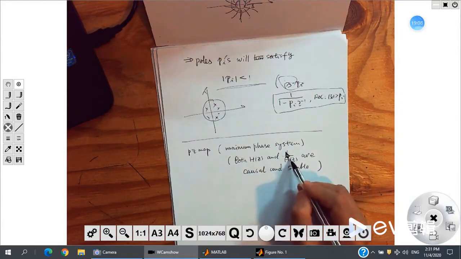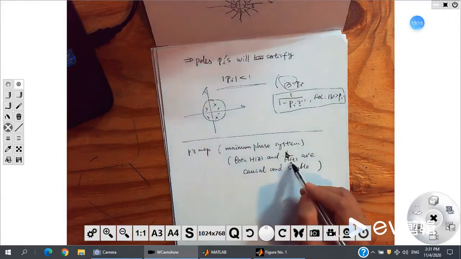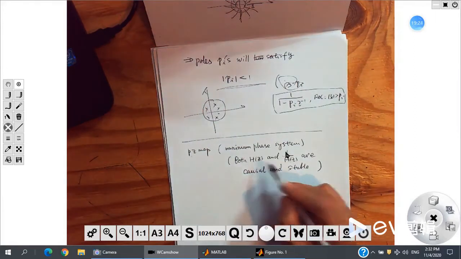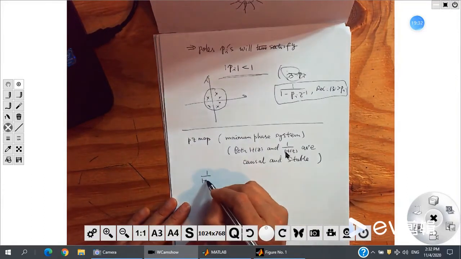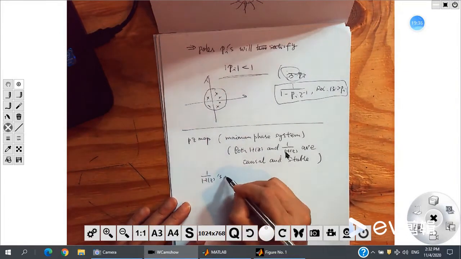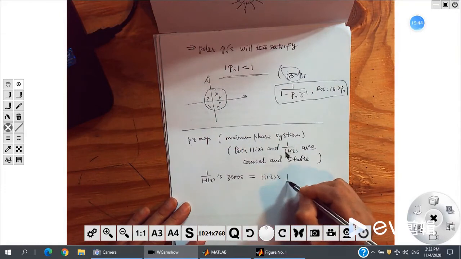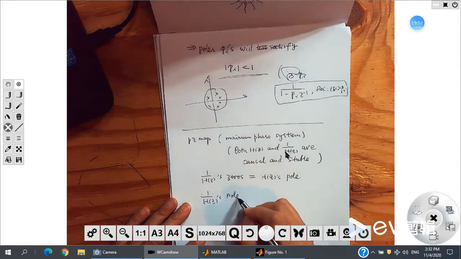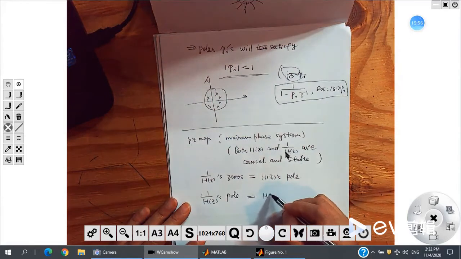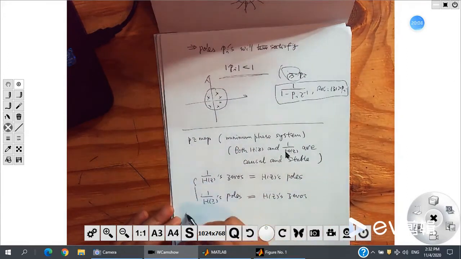But these two just reverse the numerator and denominator. 1 over H uses the numerator of H as its denominator. So the zeros of 1 over H are equal to the poles of H, and the poles of 1 over H are the same as H(z)'s zeros.